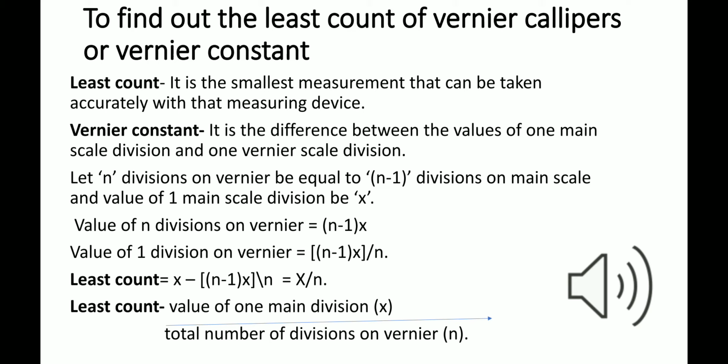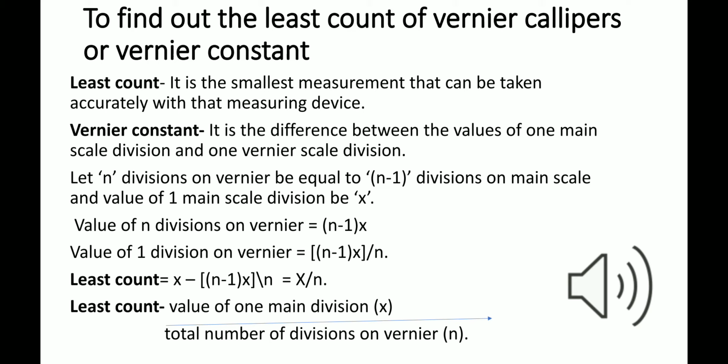And least count, according to the definition, is the difference of the value of one main scale division and the value of one vernier scale division. So x minus n minus 1 into x upon n. When you calculate this, you will get x upon n. The other things will cancel and you will get x upon n.